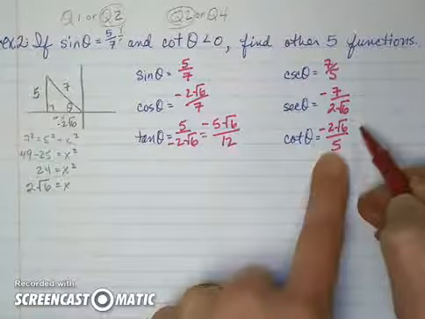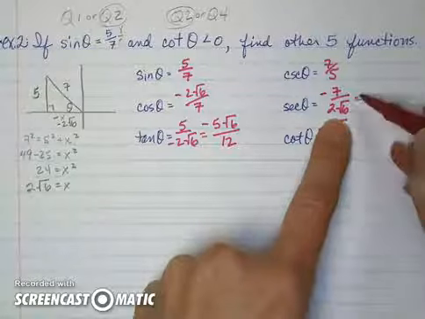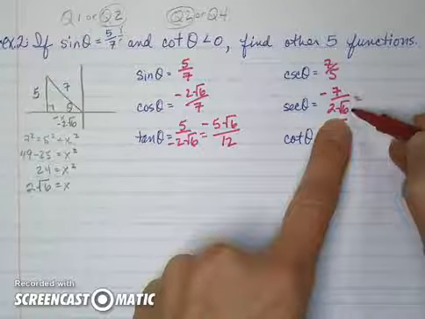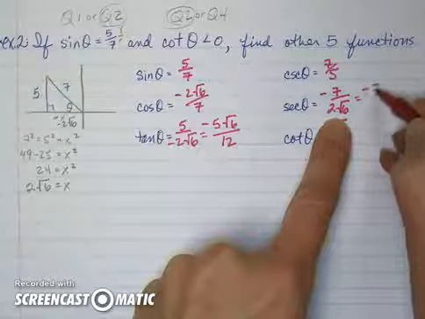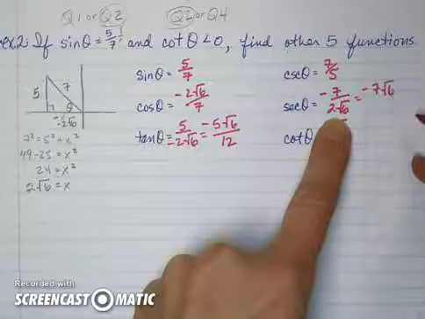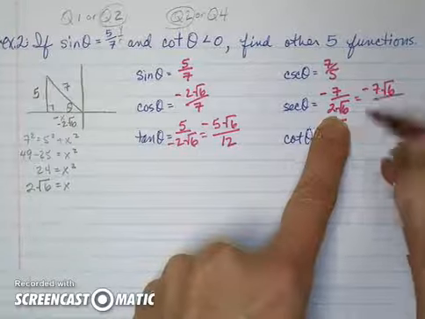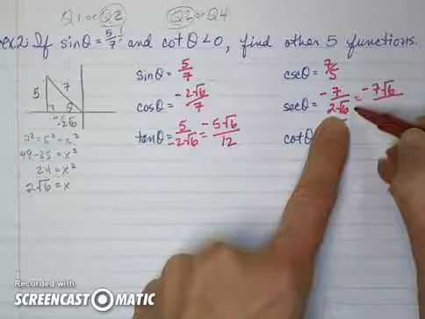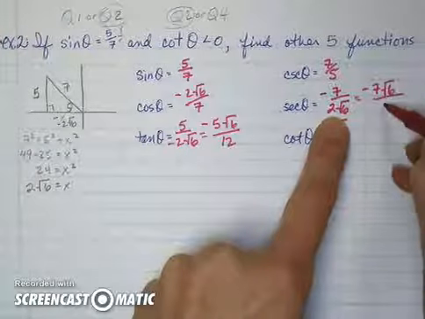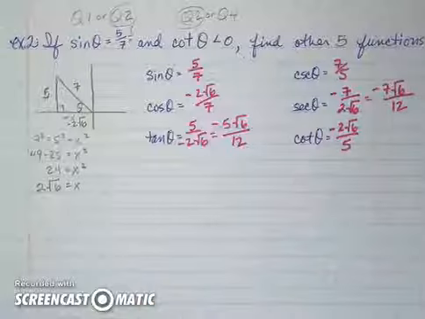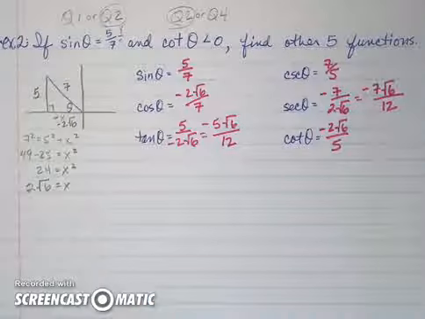This one, multiplied by square root of 6 over square root of 6. So I'm going to have a negative 7 on the square root of 6 in my numerator, divided by 2 times the square root of 6 times the square root of 6. 2 times 6, 12.